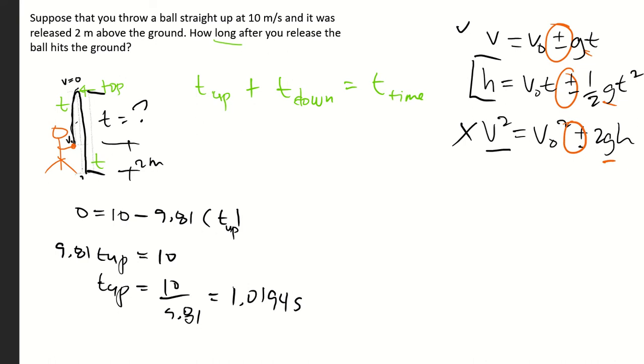Yung final velocity kasi, kung ano yung magiging velocity pagtama niya dito sa lupa. Hindi naman pwede maging zero yan, di ba? Obvious naman. So, ang pwede natin gamitin ay ito. Now, yung problema lang, hindi natin alam kung gaano kataas yan.